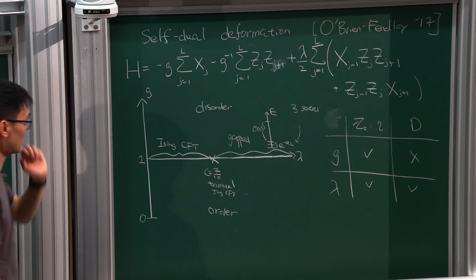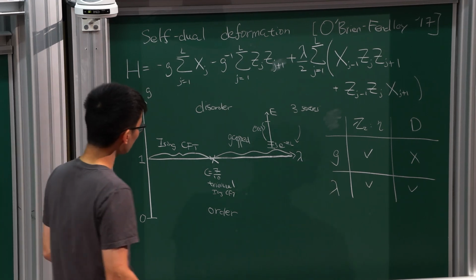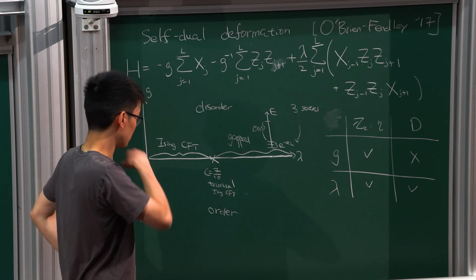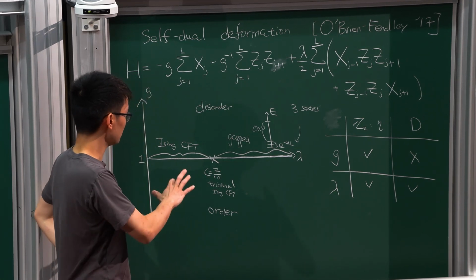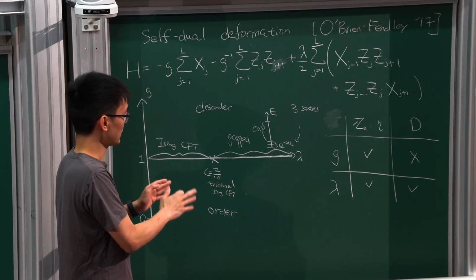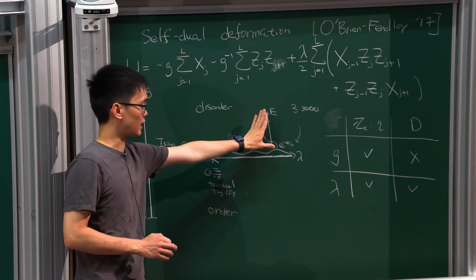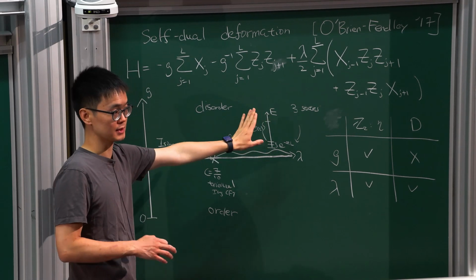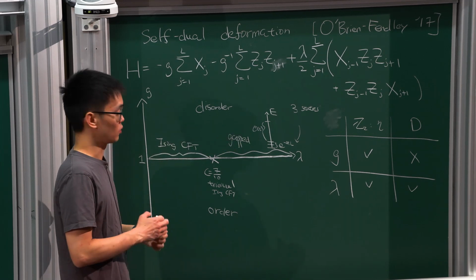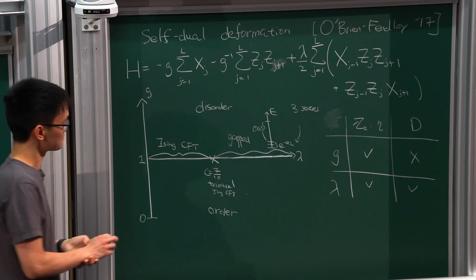And this is something you can argue to be true more generally. So in one of my papers, we argue that for every local Hamiltonian that commutes with the non-invertible symmetry D, its low energy phase is either gapless or gapped where the number of low-lying states is a multiple of 3. The way we argue it is using gauging the Z2 symmetry.